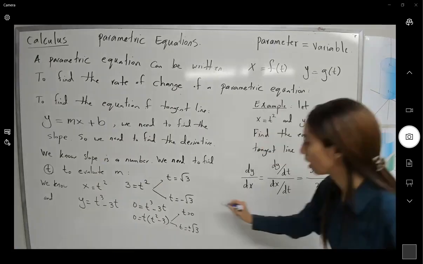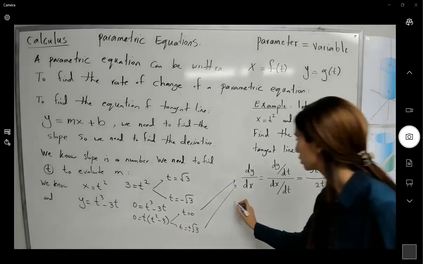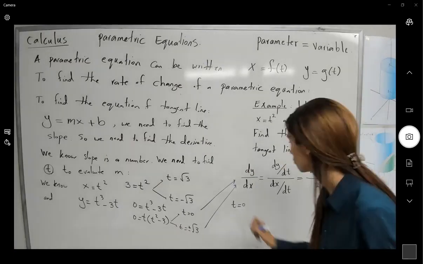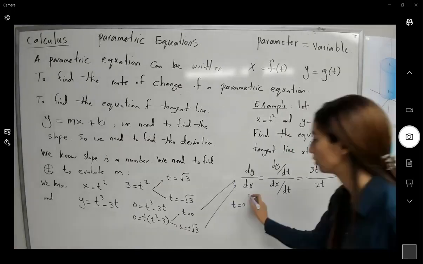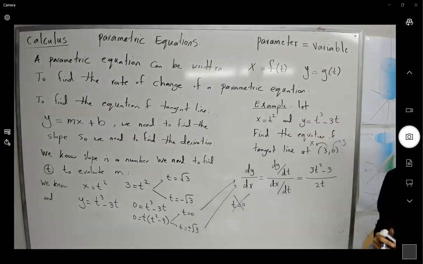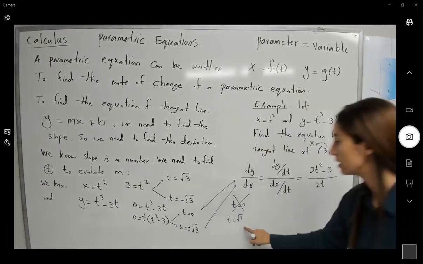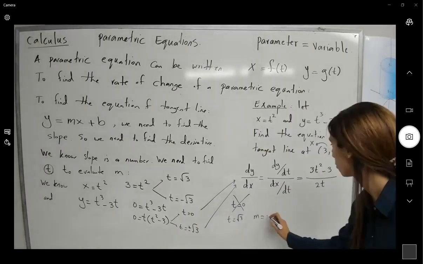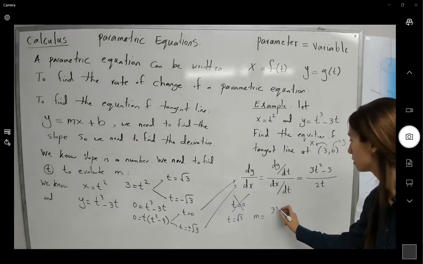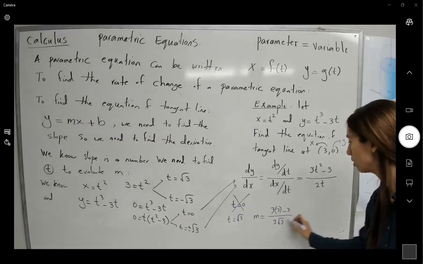Now plug this into the rate of change. If t is equal to 0, then you get -3 divided by 0. We don't need t equal to 0. What if t is equal to square root of 3? When t is equal to square root of 3, m is equal to 3 times 3 minus 3 divided by 2 times square root of 3.